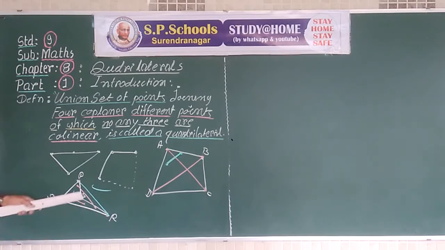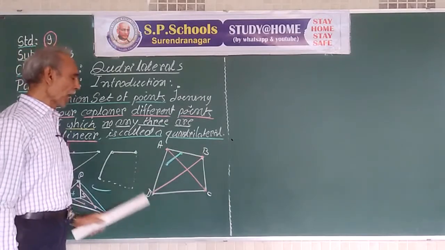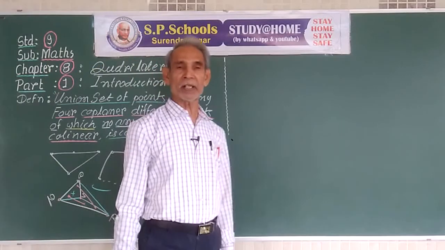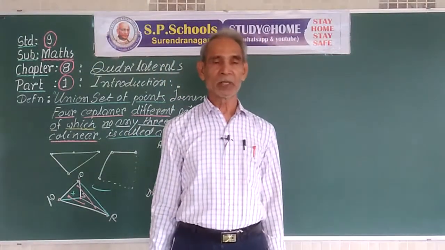You find that all the points of this line segment do not lie in the interior. Some points of this line segment fall in the exterior of this figure. So this is a non-convex figure, this is the convex figure. This is the convex type of quadrilateral. Now onward we will be discussing convex type of quadrilaterals only in our course.